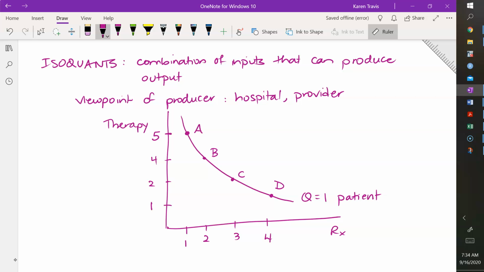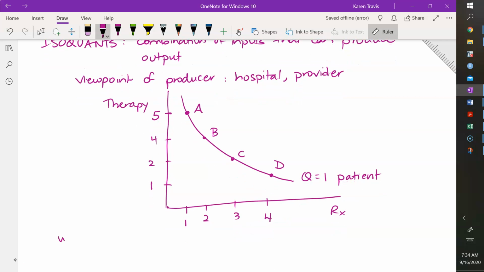So the main concern with an isoquant is what is possible technically in order to produce. It does not tell us what is the best. It does not tell us anything about what these inputs cost.